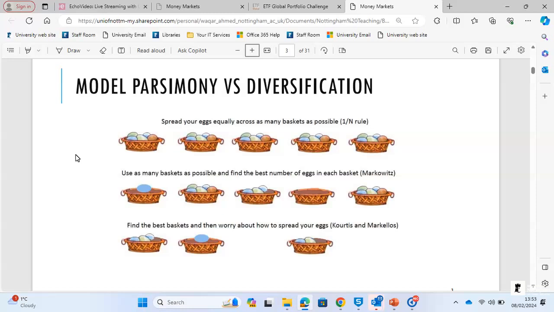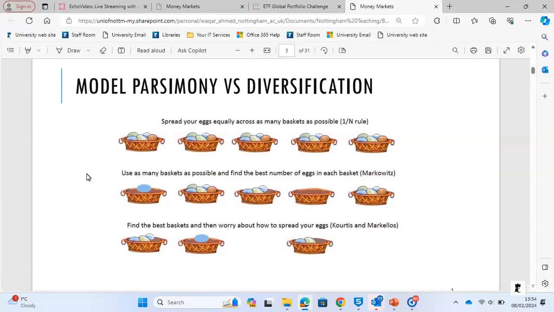You can identify all of those baskets where you can put your investments, but you may not be interested in investing in all of those assets. So he suggests that you need to identify the baskets first.